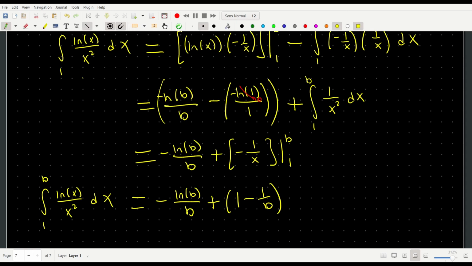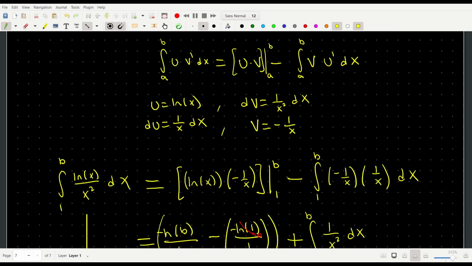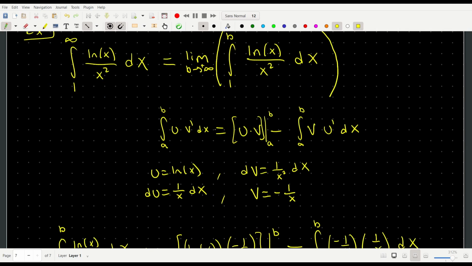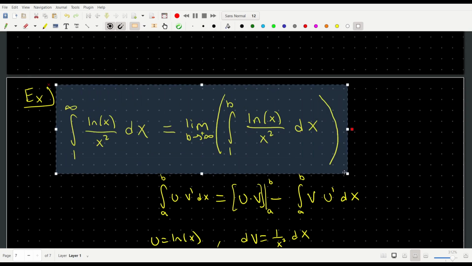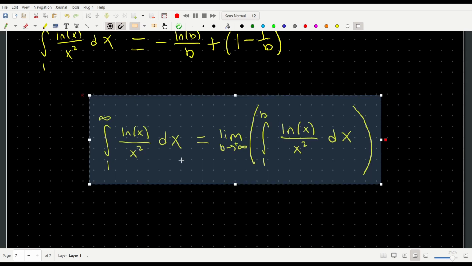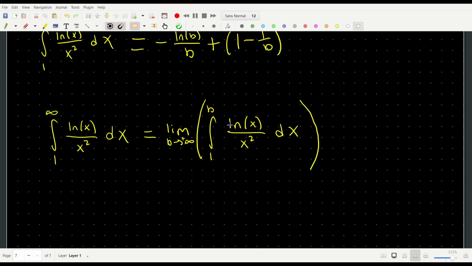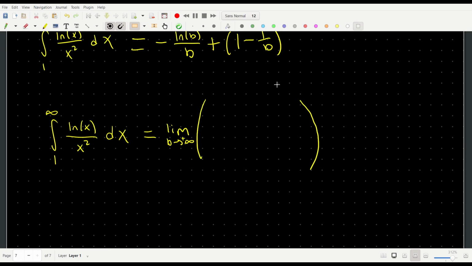So for any finite value of b, the value of the area under the curve that I showed before is equal to this value right here. But what we want is this in the limit, because we're interested in the improper integral, or the limit of this quantity as b goes to positive infinity.